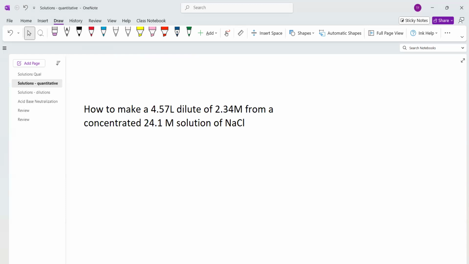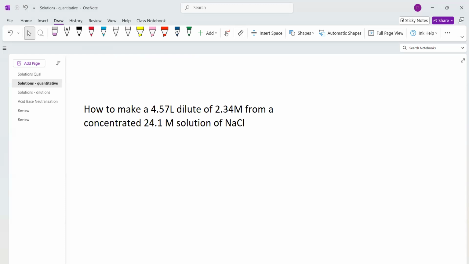So if we needed 4 molar hydrochloric acid, we don't buy 4 molar hydrochloric acid. Well, you can, but it's really expensive because you're just paying for water. What we do is we buy 17 molar concentrated acid. So there's less water there, and then we dilute it when we get to the lab.